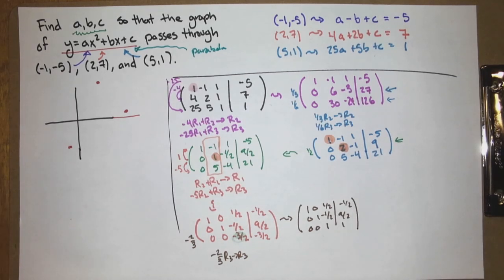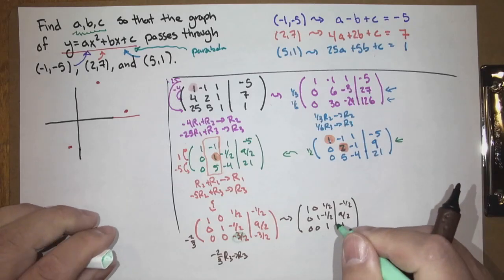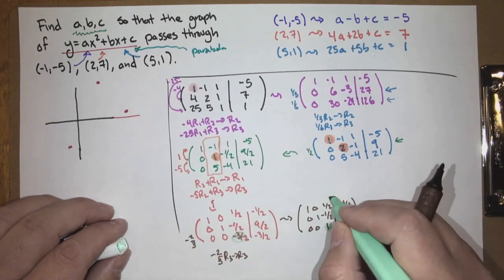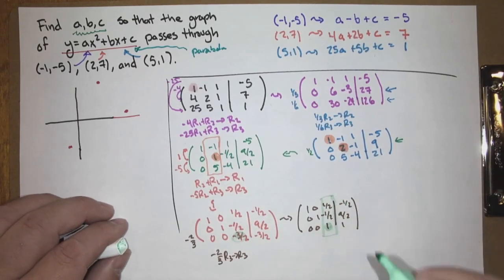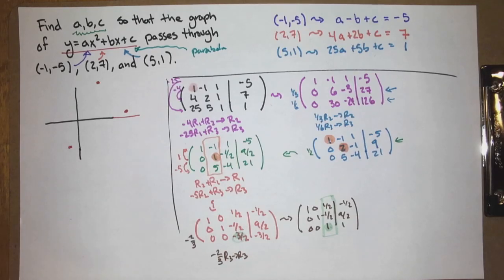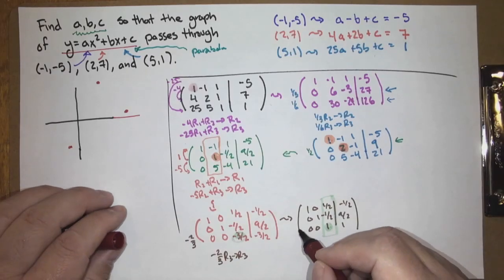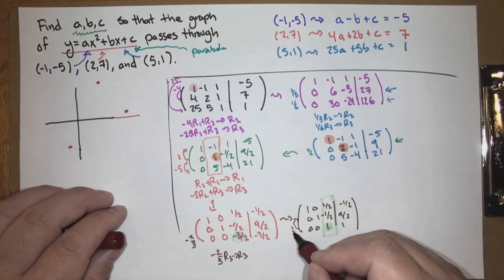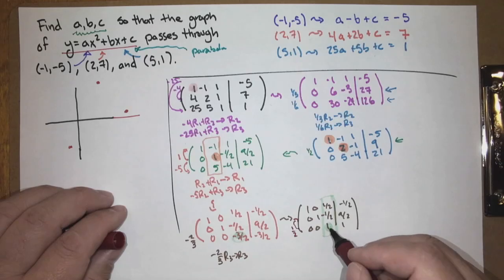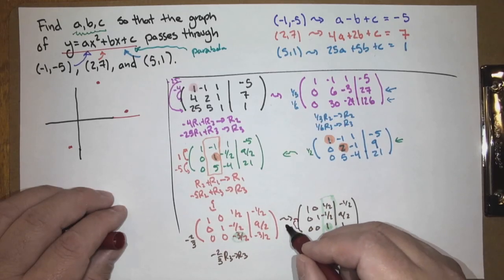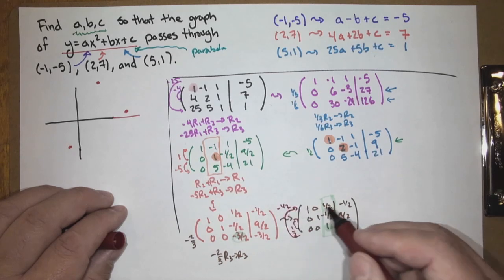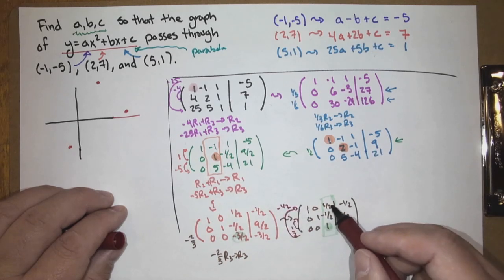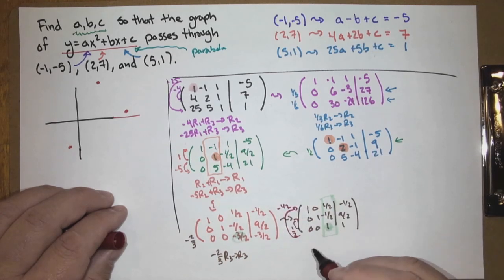Okay, so using that 1, we need to knock out the other entries in the column. So if I add 1/2 times the third row to the second row, that'll knock out that minus a half entry. Then if we take minus a half times the third row plus the first row, that'll knock out that half entry.